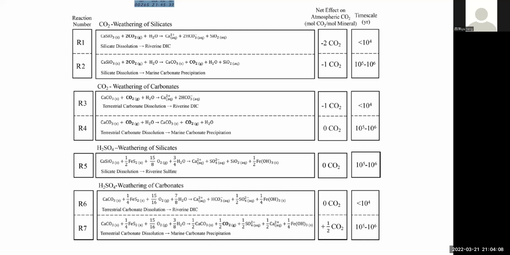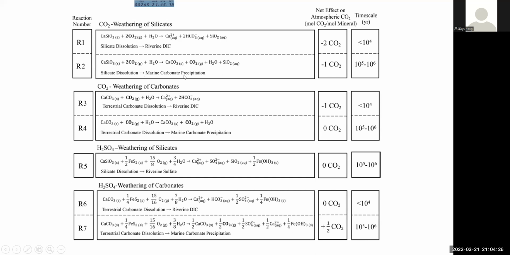dioxide that is sequestrated. So during the weathering of silicates by carbon dioxide, when the dissolution of the silicate occurs, 2 mole of carbon dioxide is removed from the atmosphere.